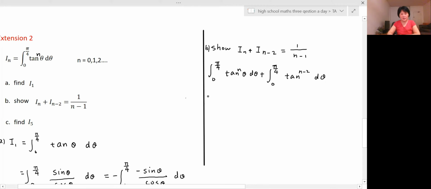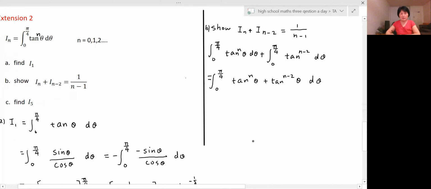Then equal to the integration from 0 to pi on 4 of tangent to the power n of theta plus tangent to the power n minus 2 of theta d theta. Then equal to the integration from 0 to pi on 4.